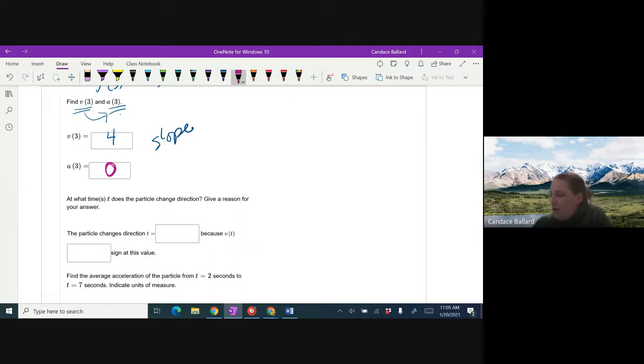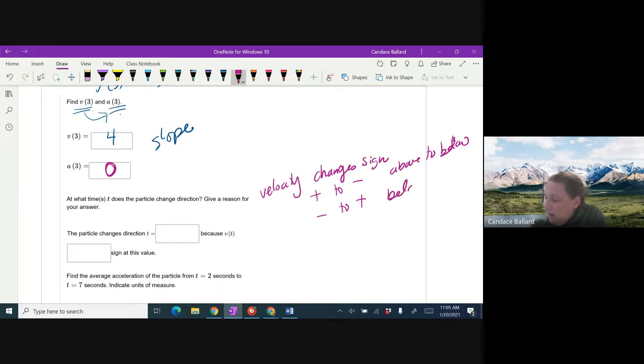Okay, so when velocity changes sign, that means it's going to move from a positive to a negative or a negative to a positive, meaning I'm going to go from above the axis to below the axis or below the axis to above.